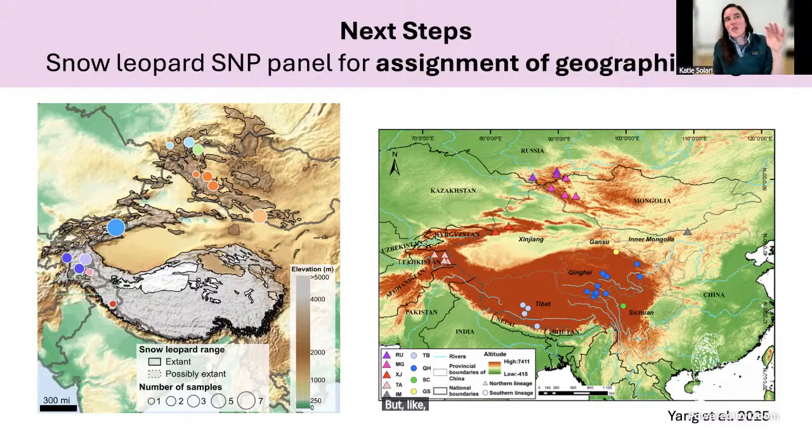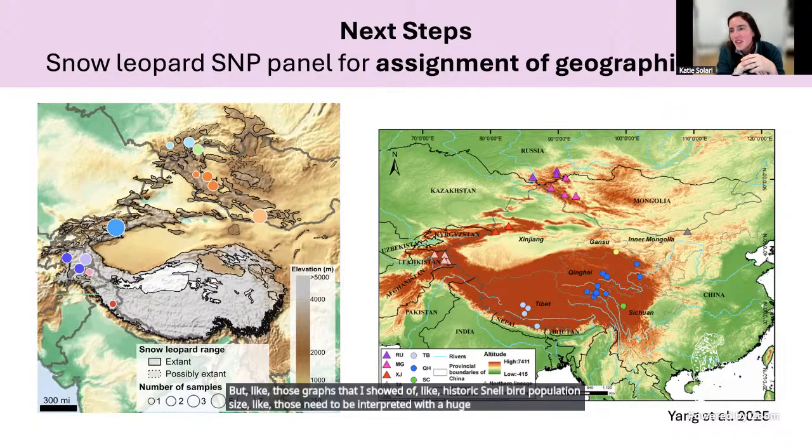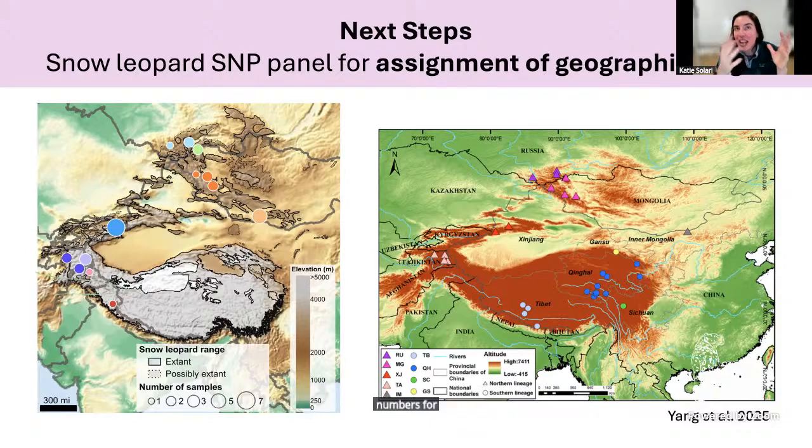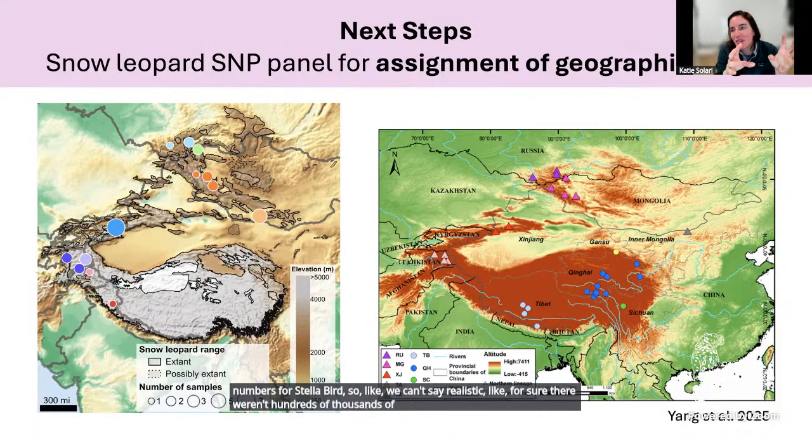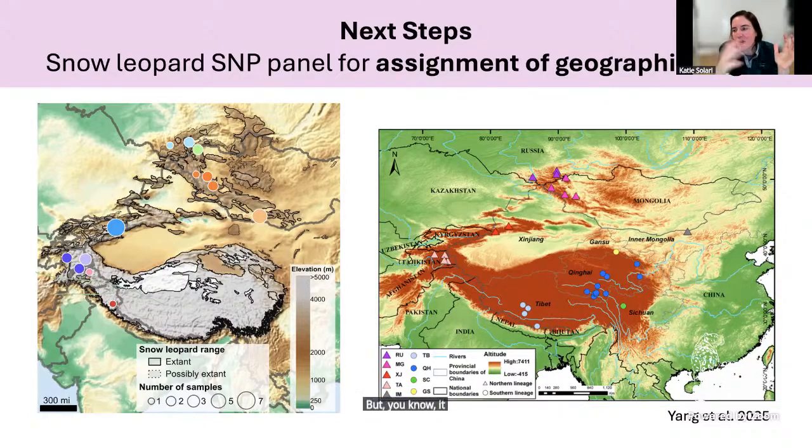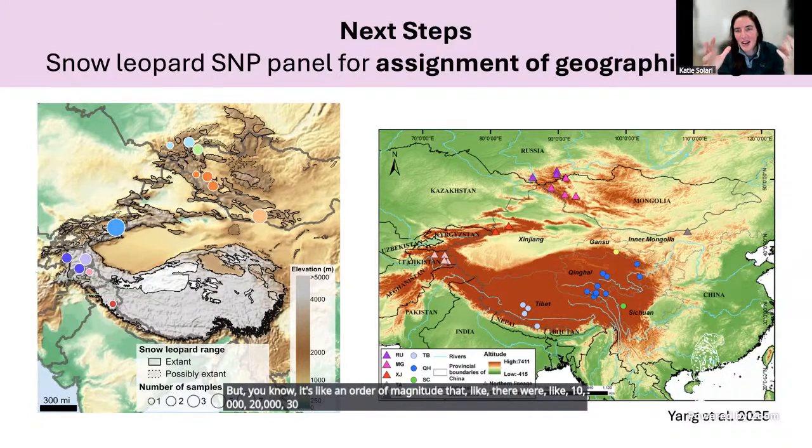Those graphs that I showed of historic snow leopard population size need to be interpreted with a huge grain of salt. Those are order of magnitude numbers for snow leopards. So we can say realistically, for sure there weren't hundreds of thousands of snow leopards, but it's an order of magnitude like 10,000, 20,000, 30,000. So those can't be overinterpreted.